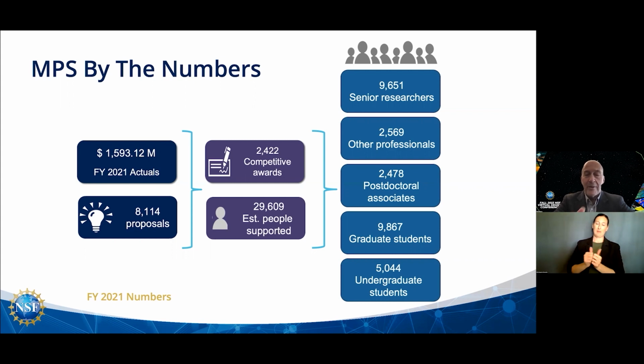Competitive means that they got reviewed and a recommendation was made to award or decline. About 8,000 proposals were submitted to MPS, and of these, roughly 2,500 awards touch about 30,000 people. The column on the right shows you how they're touched by categories of researchers or individuals. One thing to notice is that the senior researchers are almost the biggest group. It's basically tied with the number of graduate students if you count them person by person. And the others are somewhat smaller.